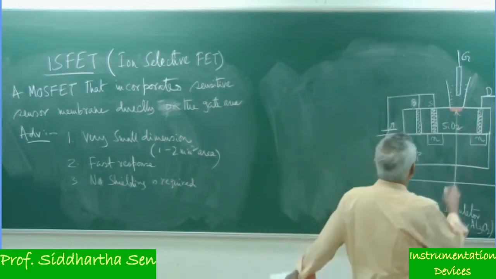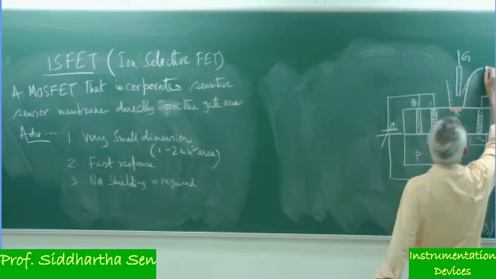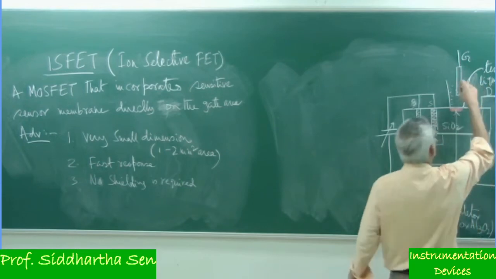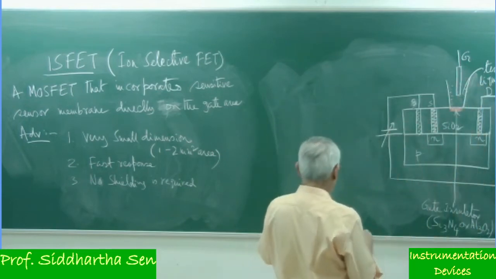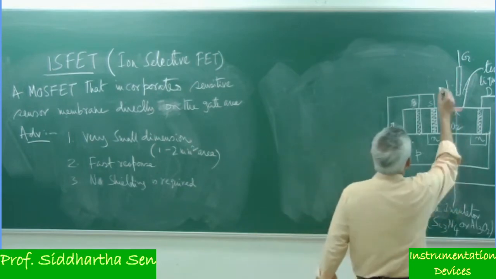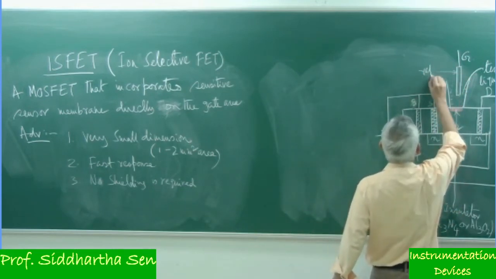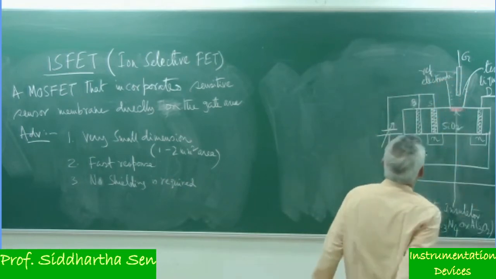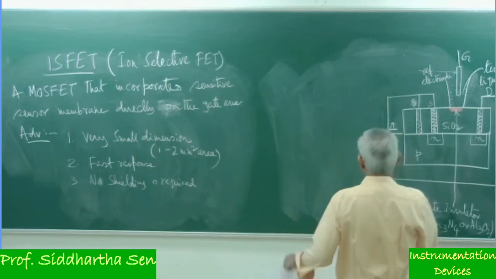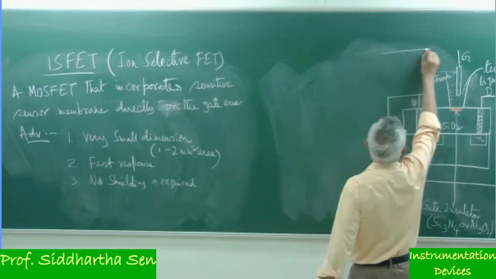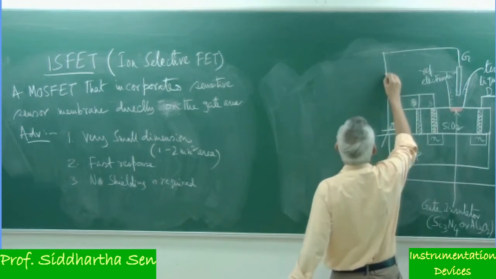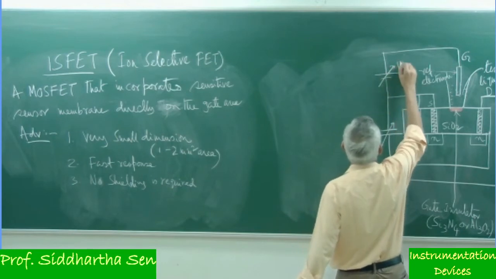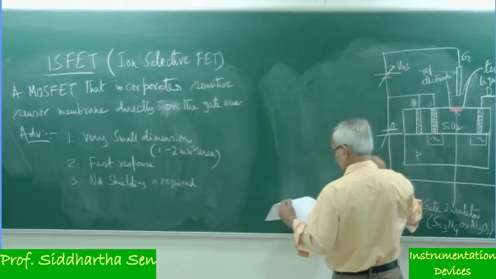And here a few drops of test liquid is poured. And we have what we call a reference electrode. Okay. Then, without going into the detail of it, we can say that I put some extra voltage here and vary VGS, and this is your characteristics there.